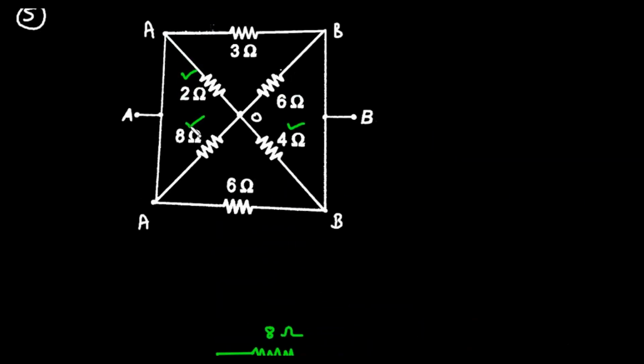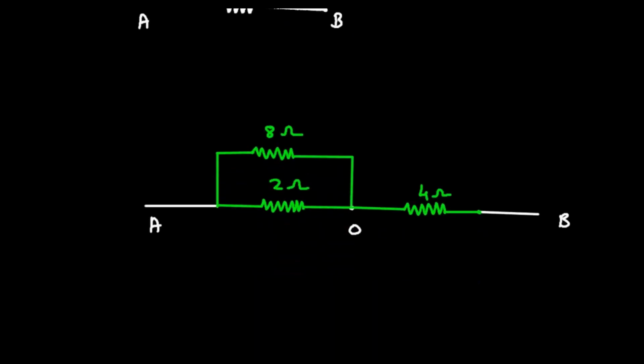So this 8 ohm is also completed. Now finally this 6 ohm between O and B. Between O and B, 6 ohm resistance.